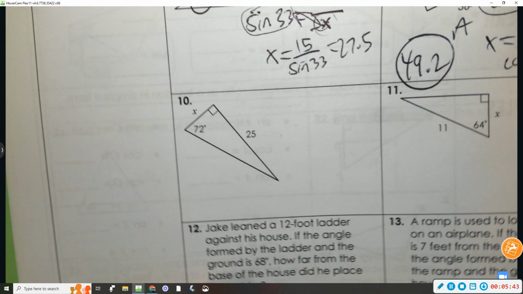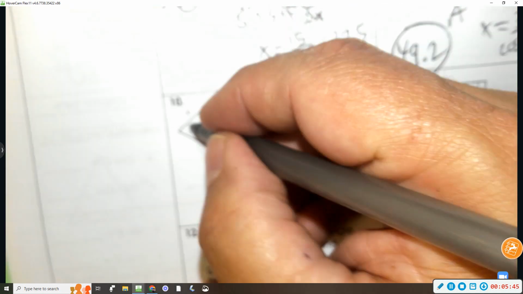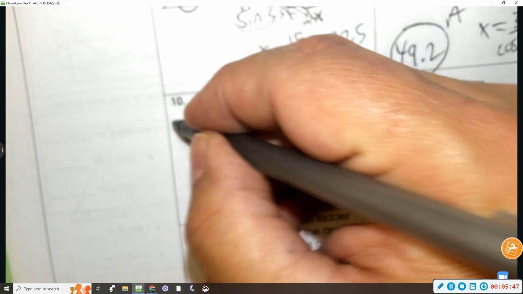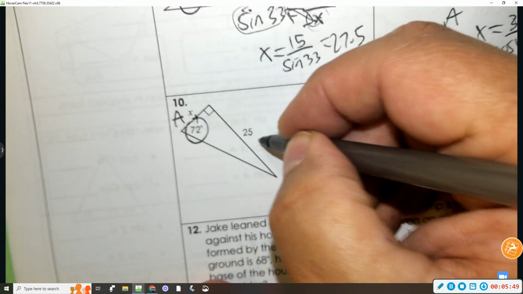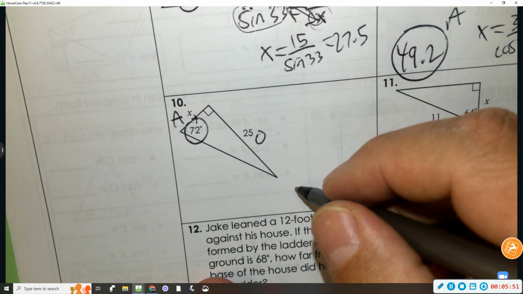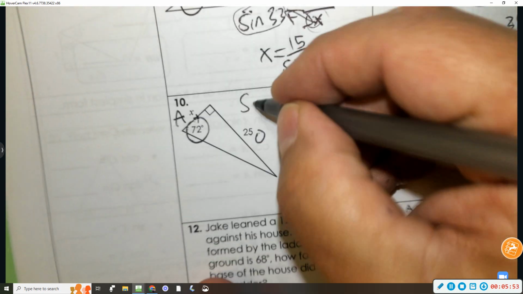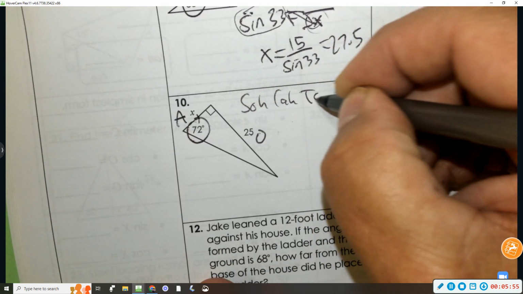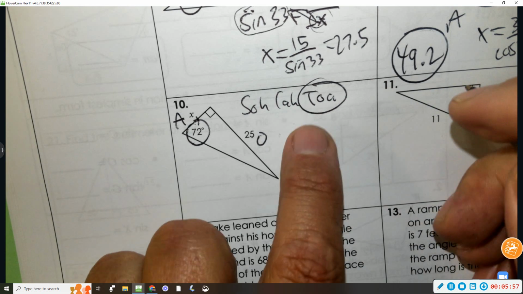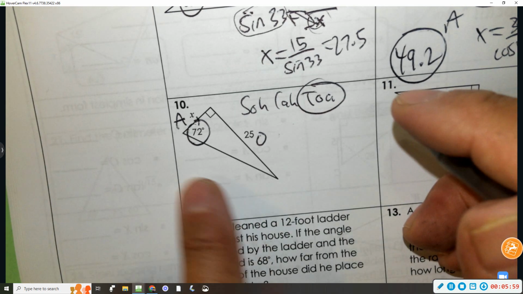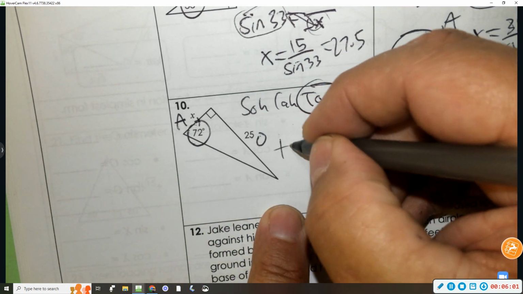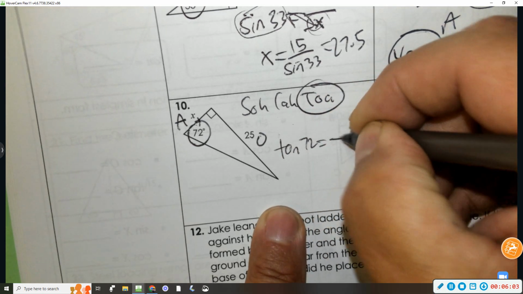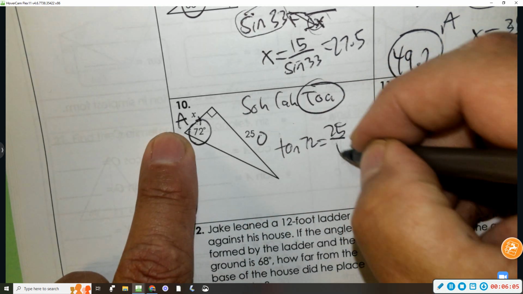Number 10. That's again using trigonometry. Circle the angle. X is adjacent and 25 is opposite of 72. So CAH TOA. We need to go all the way across. Which one uses opposite and adjacent? So we're going to write down the tangent of 72 is equal to 25 over x.